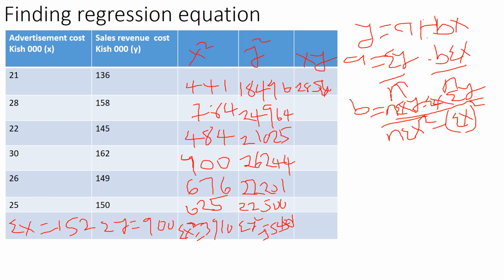Then we have 28 multiplied by 158, we get 4,424. And then we have 22 multiplied by 145, we get 3,190. Then 30 multiplied by 162, we get 4,860. And then 26 multiplied by 149, we get 3,874.